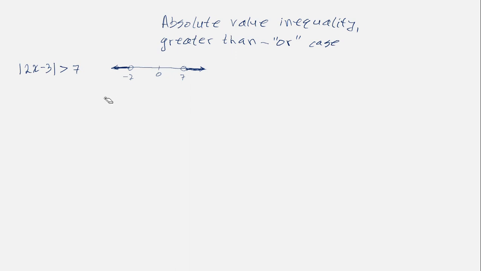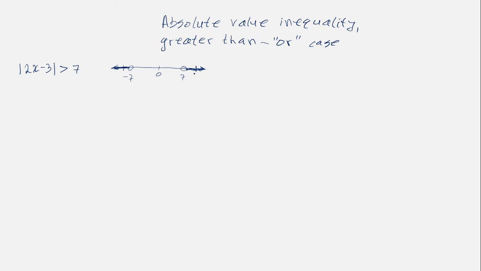Now let's try to set this up algebraically and solve. To figure out how to set it up, let's just analyze a number in this region. This number is smaller than negative 7, but it is not bigger than 7.